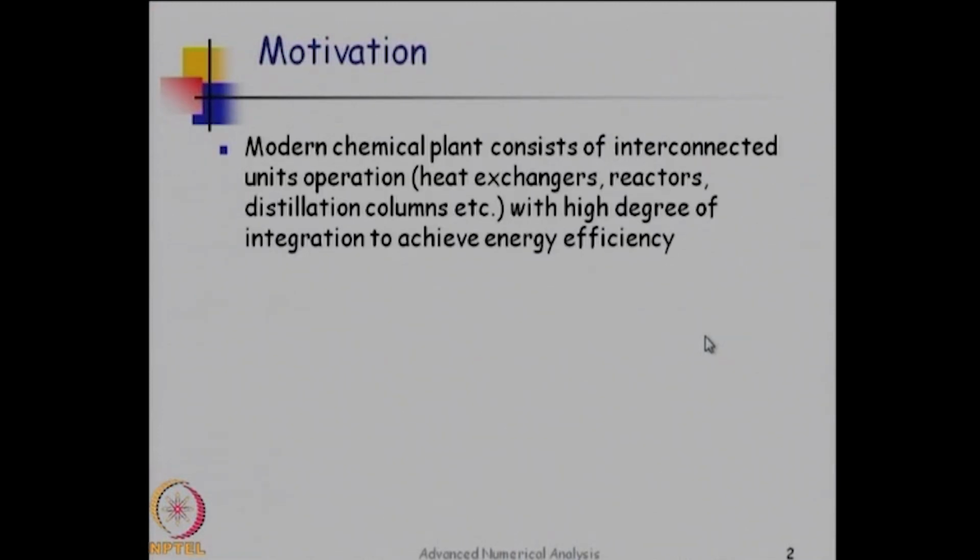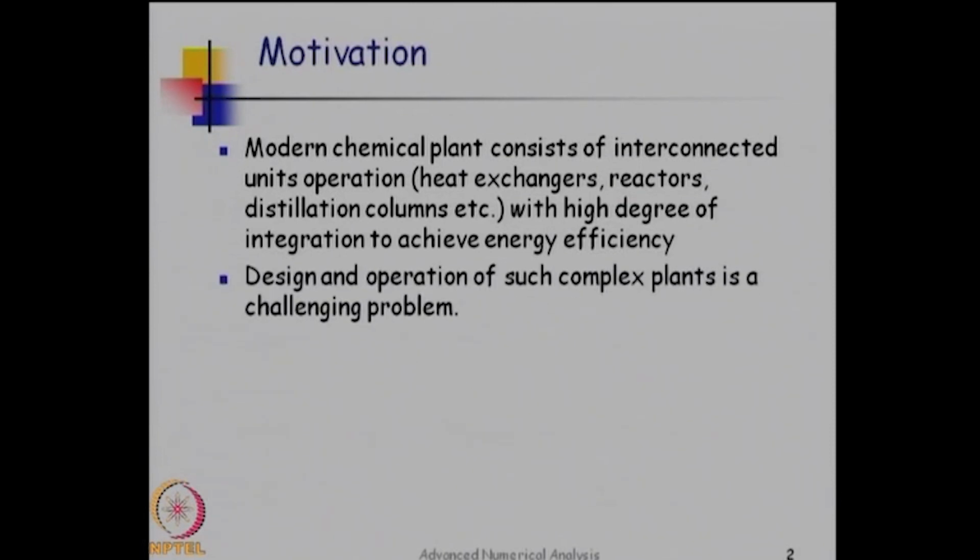In chemical plants, you have a large number of interconnected units like heat exchangers, reactors, distillation columns, and these days the chemical plants are very tightly integrated to achieve high energy efficiency or high material efficiency, which makes them very complex to handle, to operate, to design, and it is not possible to do it without mathematical modeling.